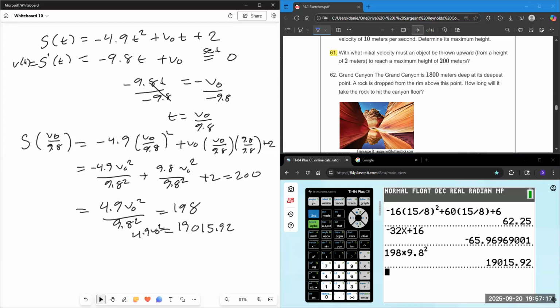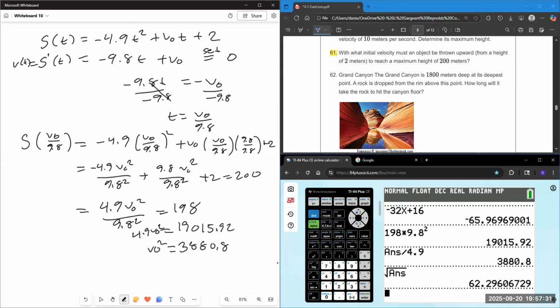Divide this by 4.9, and I get v naught squared is 3880.8. Take the square root of that, and I get v naught is approximately 62.3, and this is in meters per second.